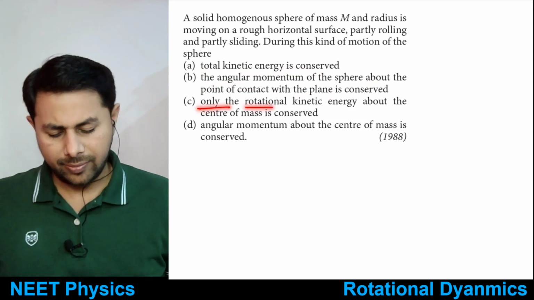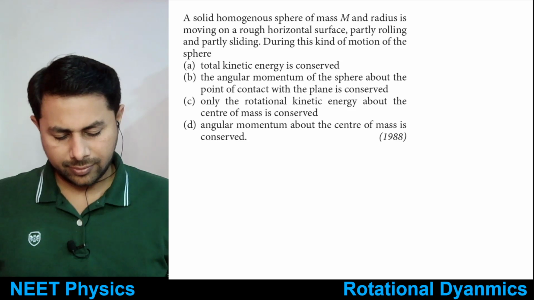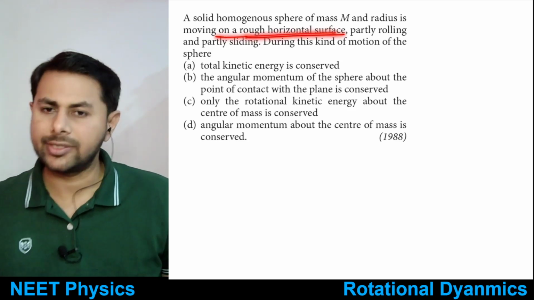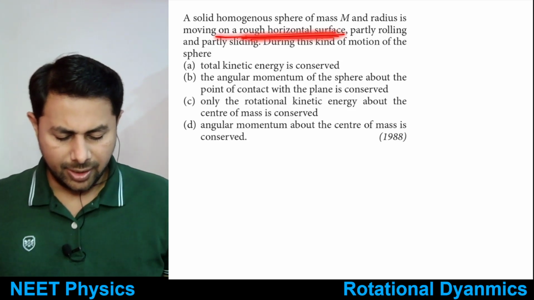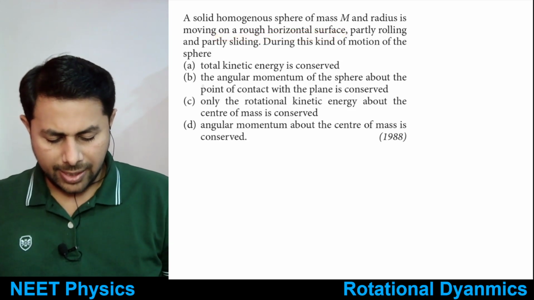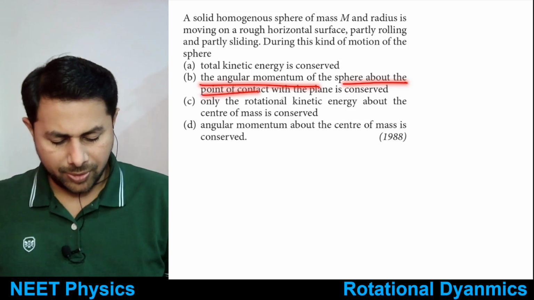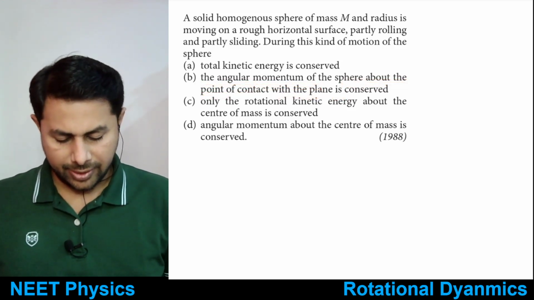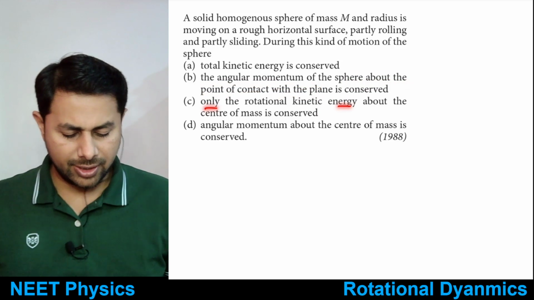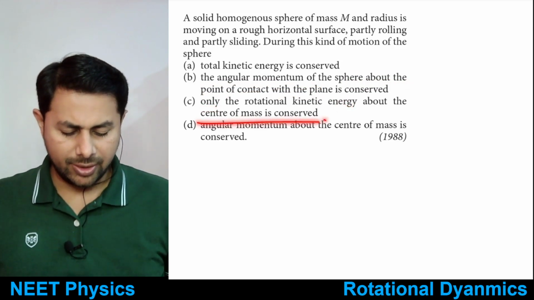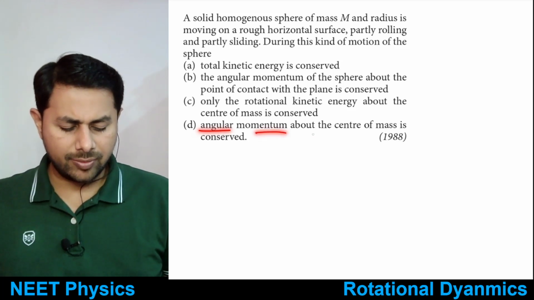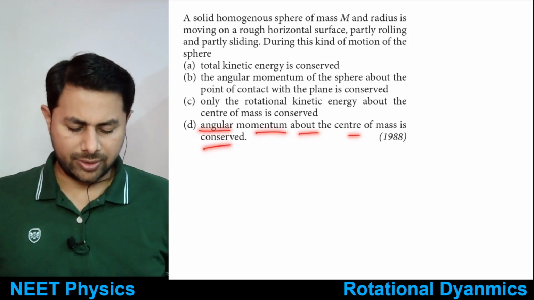Only, it is moving on rough horizontal surface. Okay, it's not an inclined surface, rough horizontal surface. So the angular momentum of sphere about the point of contact with the plane is conserved. Next is only rotational kinetic energy about the center of mass is conserved. Then angular momentum about the center of mass is conserved.